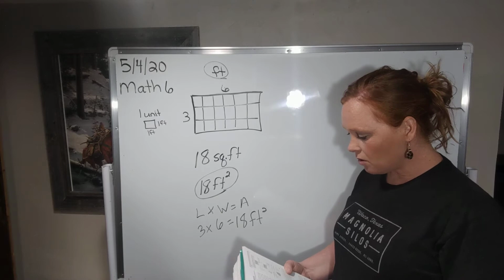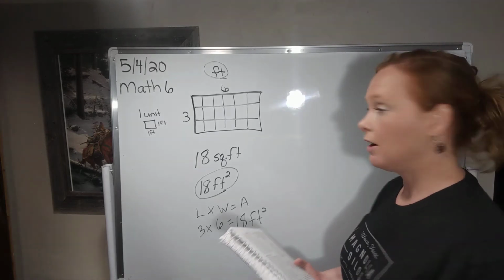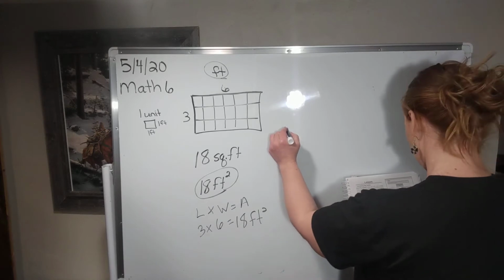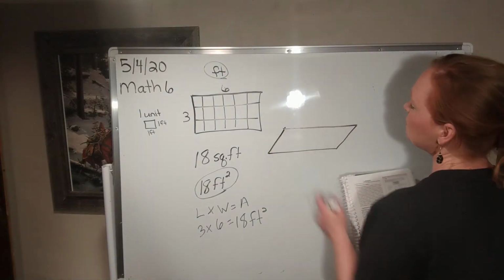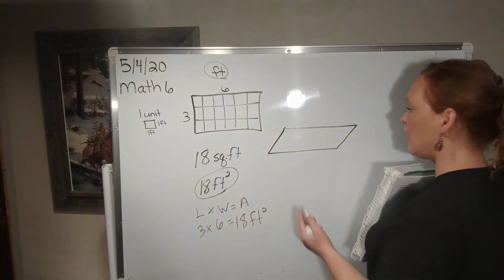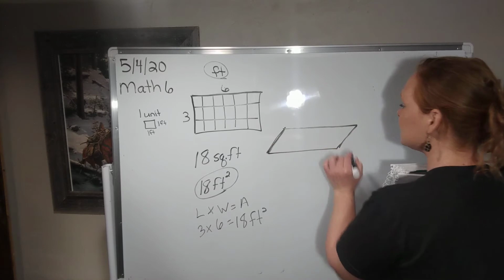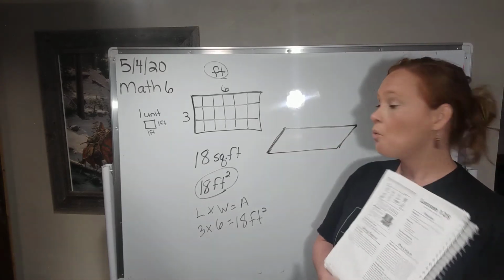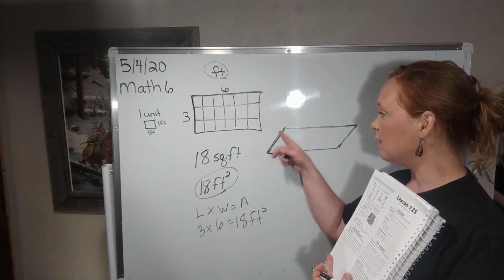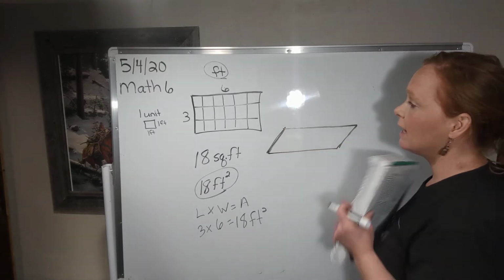Okay, so let's talk about if I have a parallelogram. Something unique has happened here. Now this length of our side, the slant height, is going to mess us up. We can't now do the length times the width. So I want you to go back and look at this.